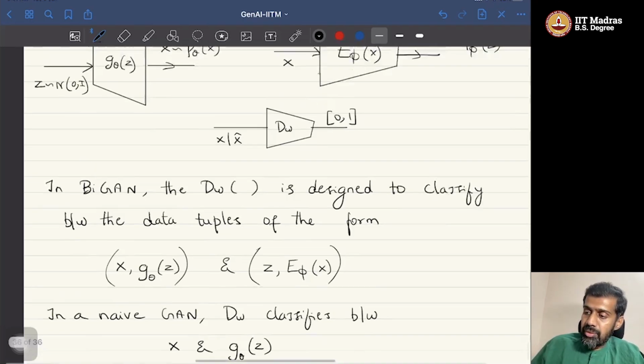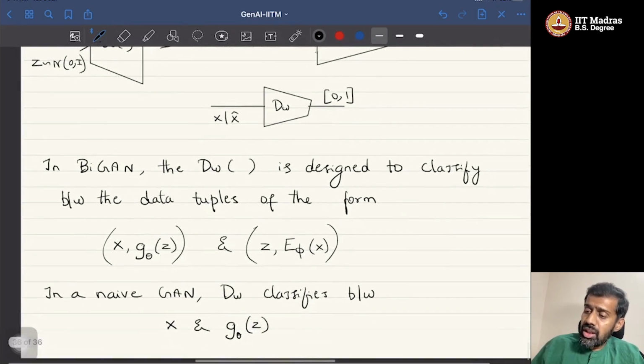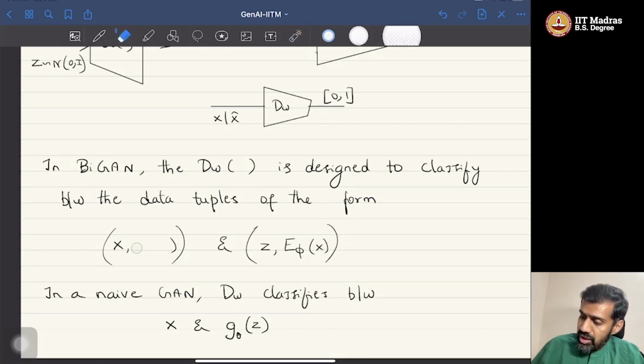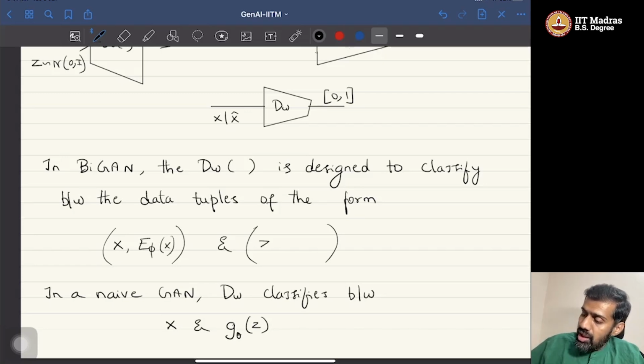In a BiGAN, instead of classifying or discriminating between x and g theta of z, the classification is between the tuples. I think there is a mistake here. The tuples of the following sort. So we have x and the corresponding output of the encoder network, and we have z and the corresponding output of the generator network, right?